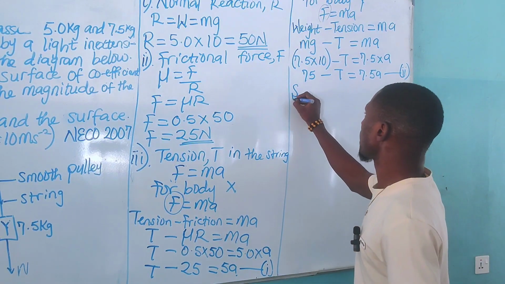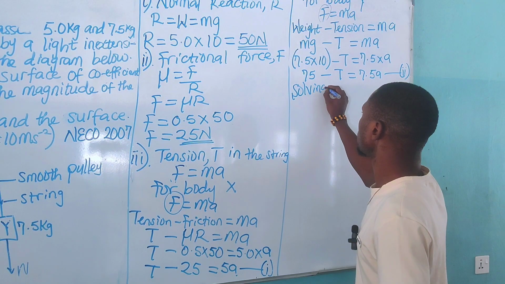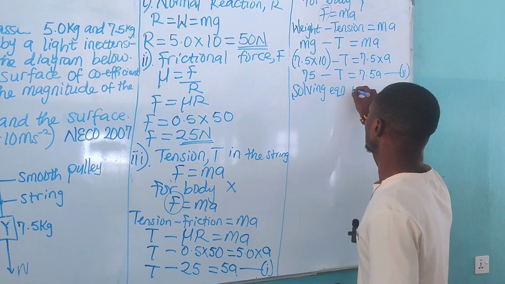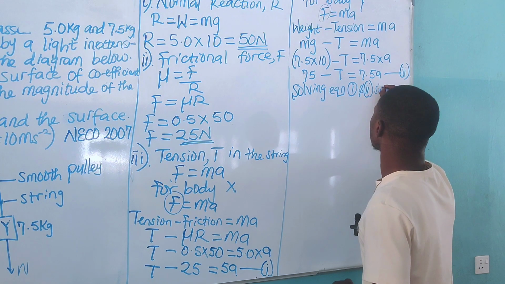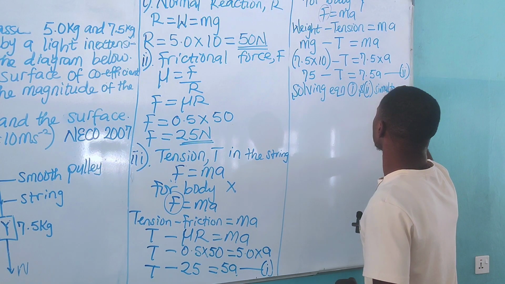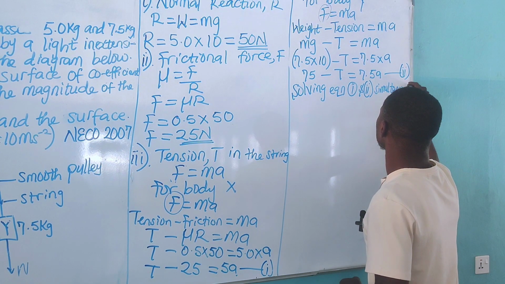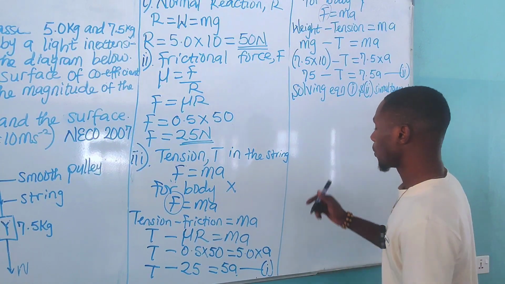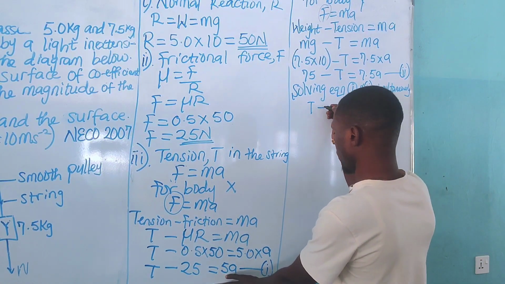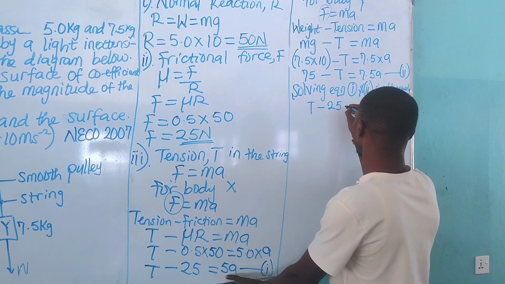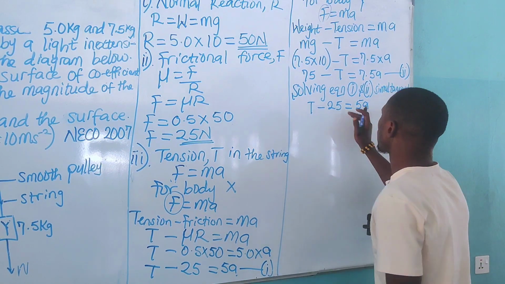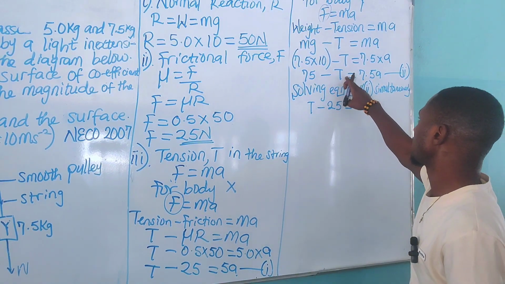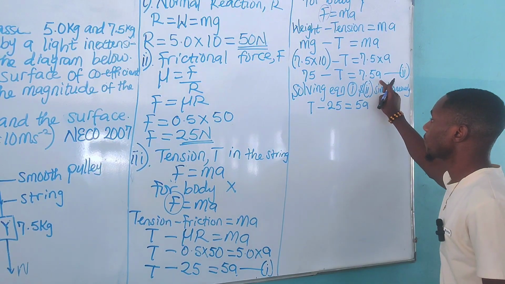Okay, so we write solving equations 1 and 2 simultaneously. So from equation 1, we have T minus 25 is equal to 5A. And from equation 2, 75 minus T is equal to 7.5A.